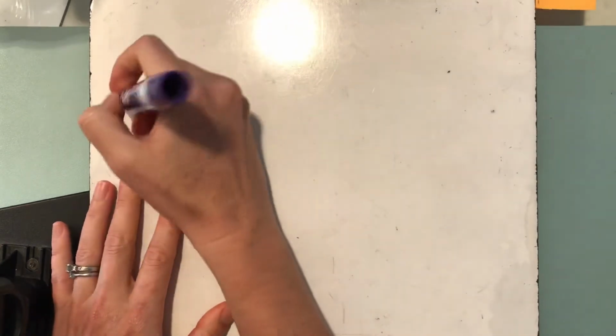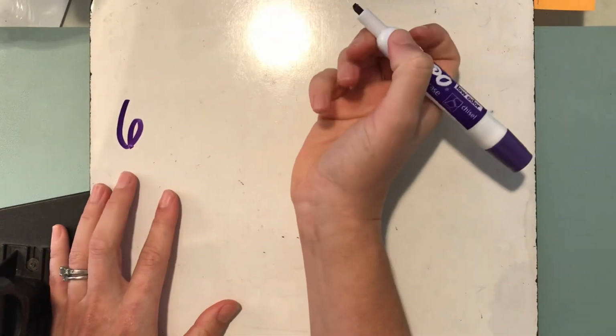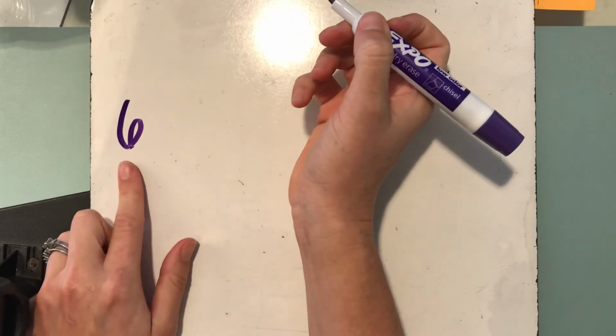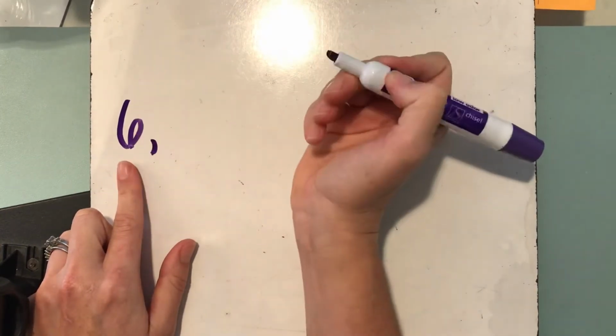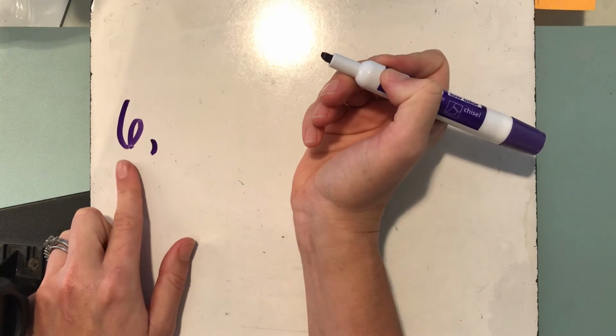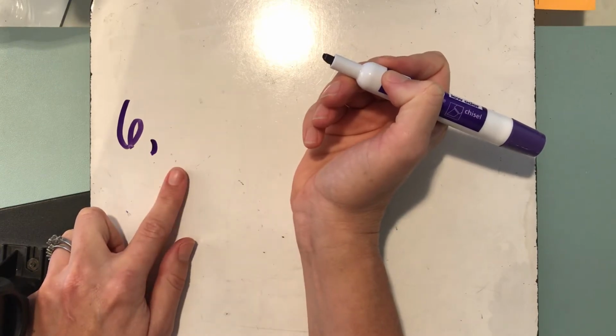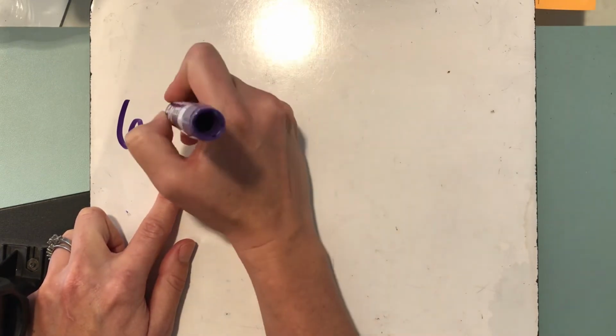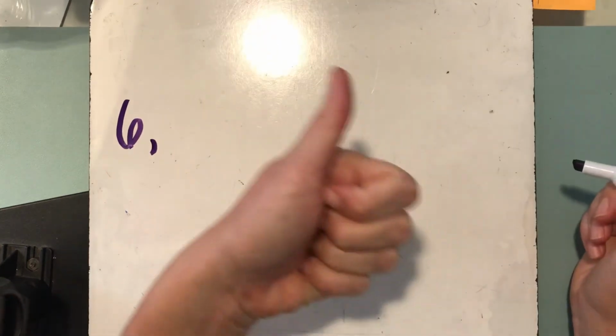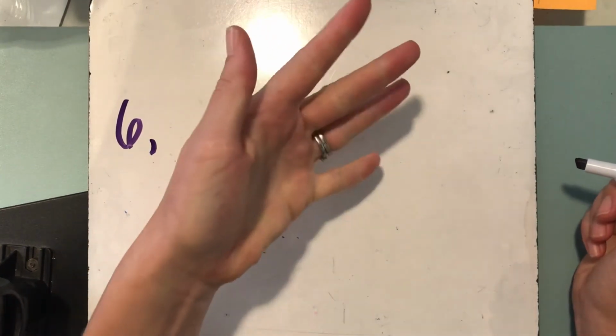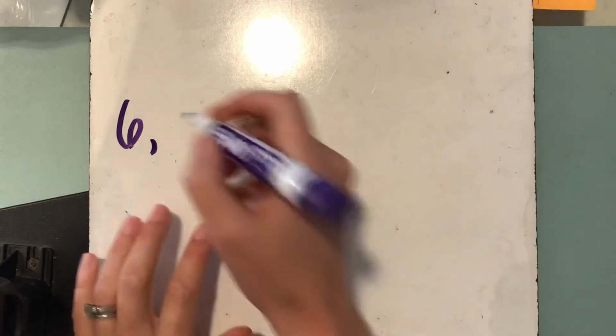We know that we're going to start with what? 6, right? Which also represents 1 times 6, because there's only one of them. Now, next, how many do I have? If I count 6 more, how many do I have? Well, let's see. 6, 7, 8, 9, 10, 11, 12. Ooh, my next one is 12.